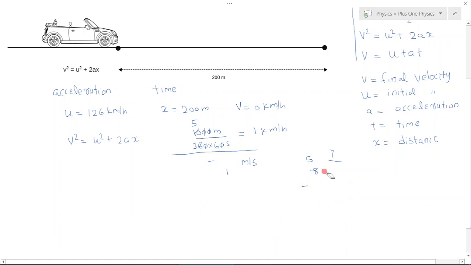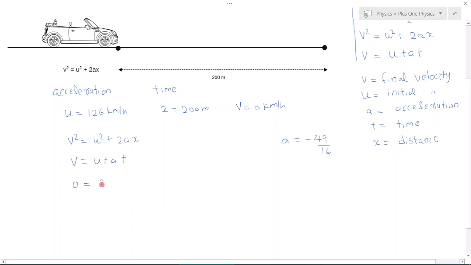The next equation is v is equal to u plus at, with time and acceleration, and all these quantities we have. So a was minus 49 by 16. So v is 0, u is given by 35, a is given by minus 49 by 16, and t.